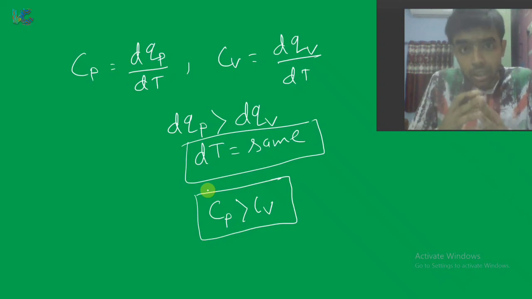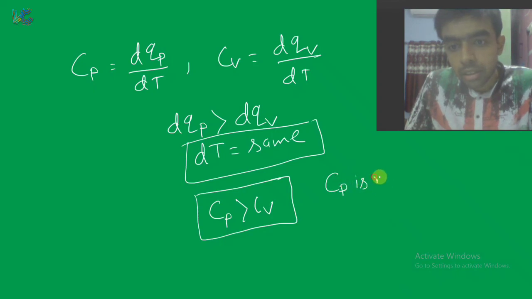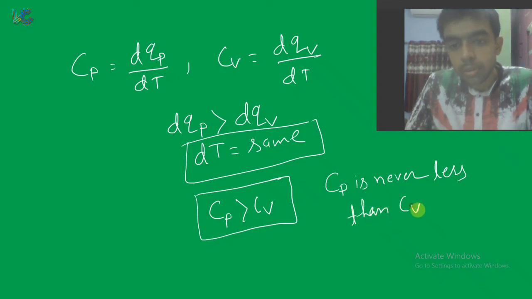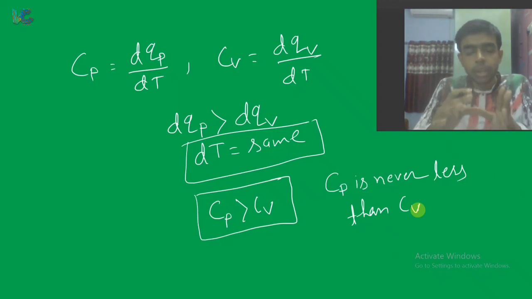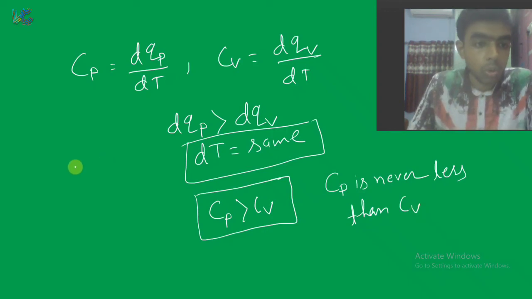But saying that the heat capacity at constant pressure is always greater than the heat capacity at constant volume is not a correct statement. The more correct statement will be: Cp is never less than Cv. If I say Cp is always greater than Cv, that will not be very correct, because there is a special condition where Cp can be equal to Cv.